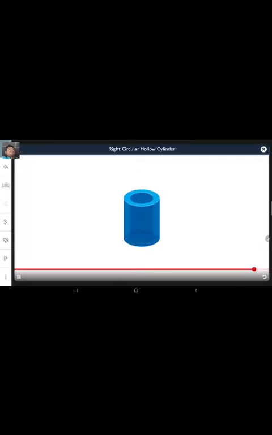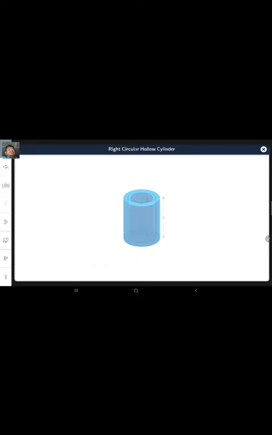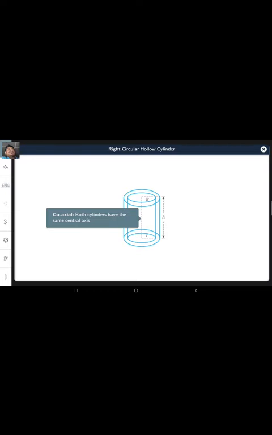The three-dimensional figure made of 2 coaxial right circular cylinders of equal height but different radii is known as a right circular hollow cylinder. Let us consider a hollow cylinder with external radius R, internal radius r, and height h.